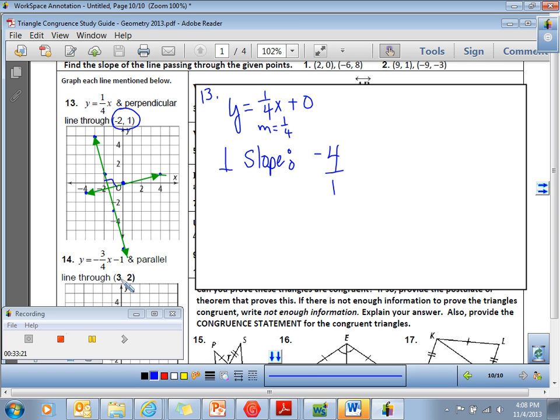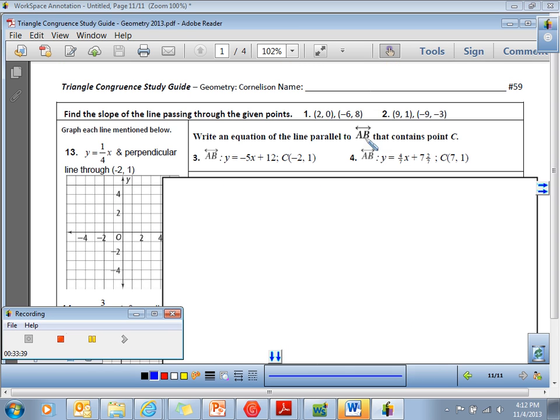Always parallel to AB that contains point C. Okay, so very similar to these graphing problems, it's just you're not graphing them. Okay, so your line is y equals -5x plus 12, and your point is -2, 1.